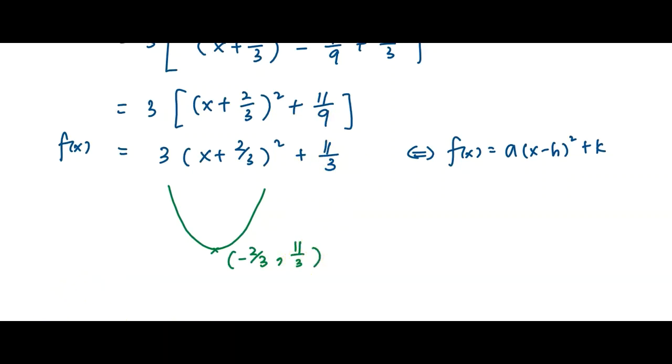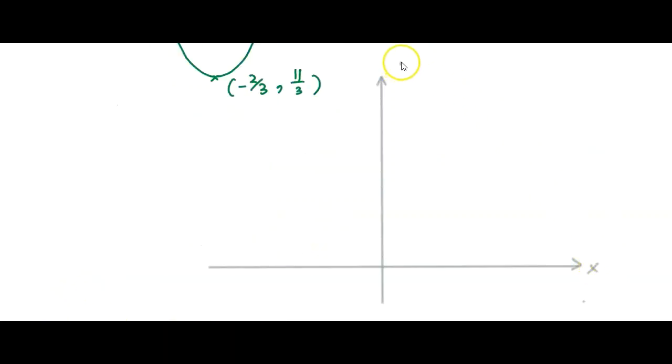Now you can start to sketch your x-axis and y-axis. Negative 2 over 3 will be maybe somewhere here, just estimate it. And then 11 over 3 will be somewhere over here. So the minimum point will be given by this one.